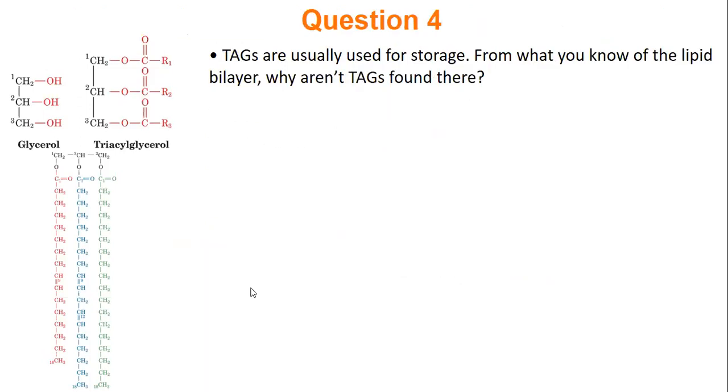Right? So just to start us off, here is our first question of the day. Usually we use triacylglycerols for storage. You don't usually find triacylglycerols in the lipid bilayer. Based on your knowledge of the lipid bilayer, why would we not find triacylglycerols there?